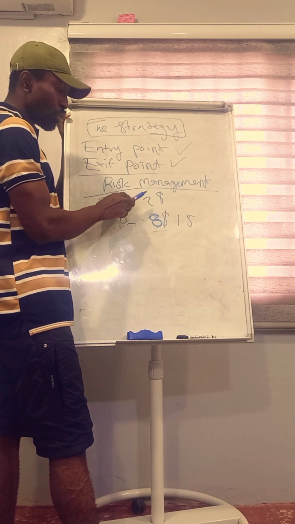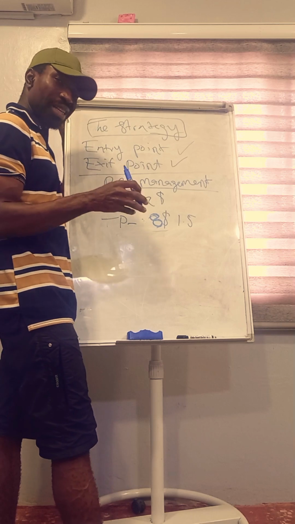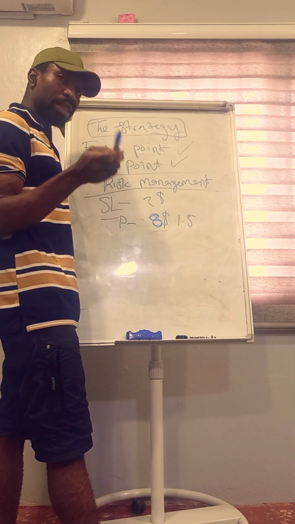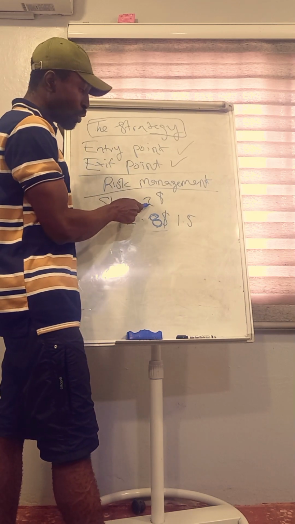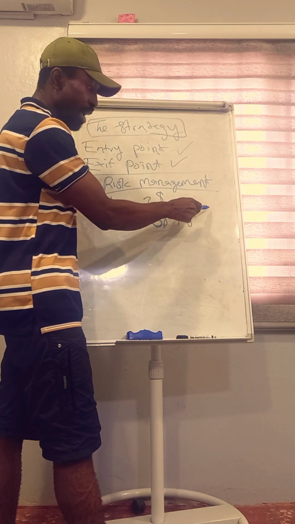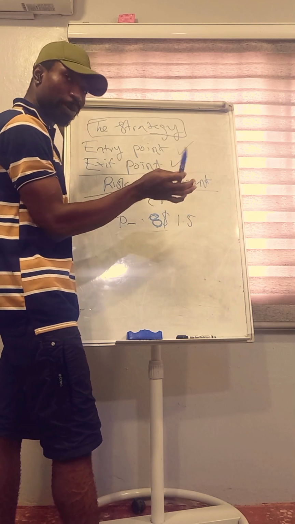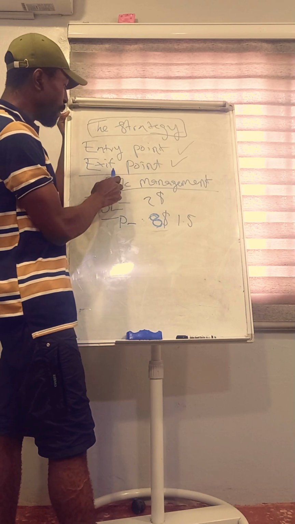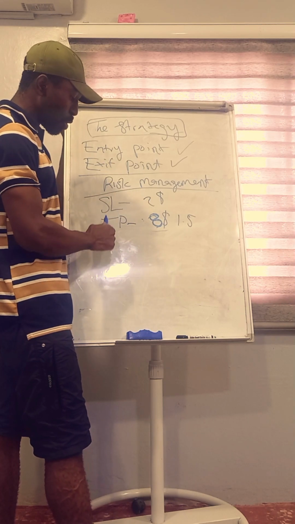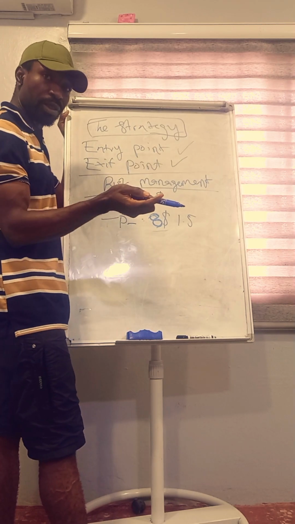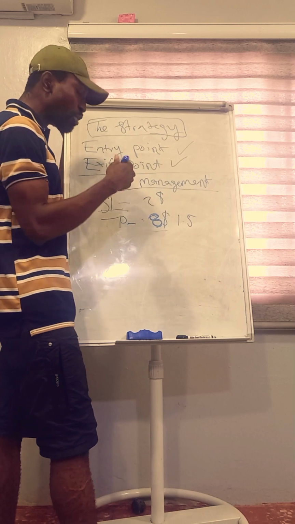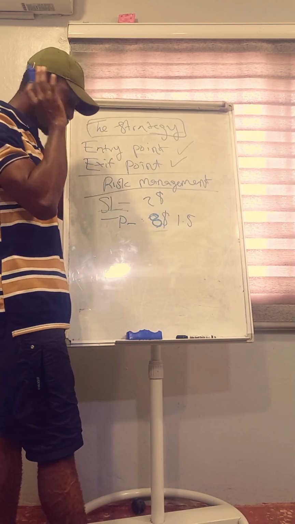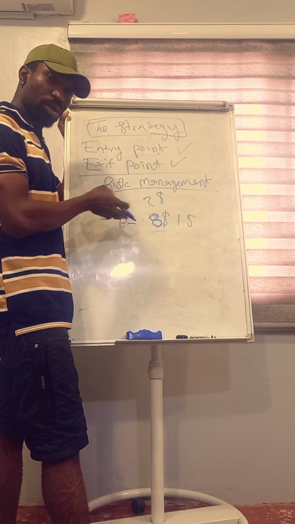Now, if you are risking 2 to get 8, you need to also understand as you are writing your plan that there will be times where price will go and give you up to $5. You'll be seeing the $5 floating profit, but it can also return to take you out at your exit point or in your stop loss or at break even. It will happen. So you have to prepare your mindset for it to happen.